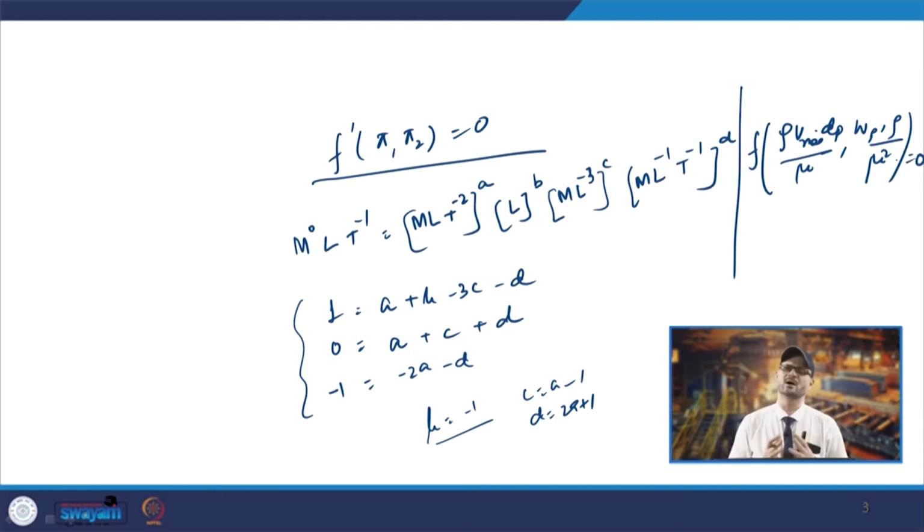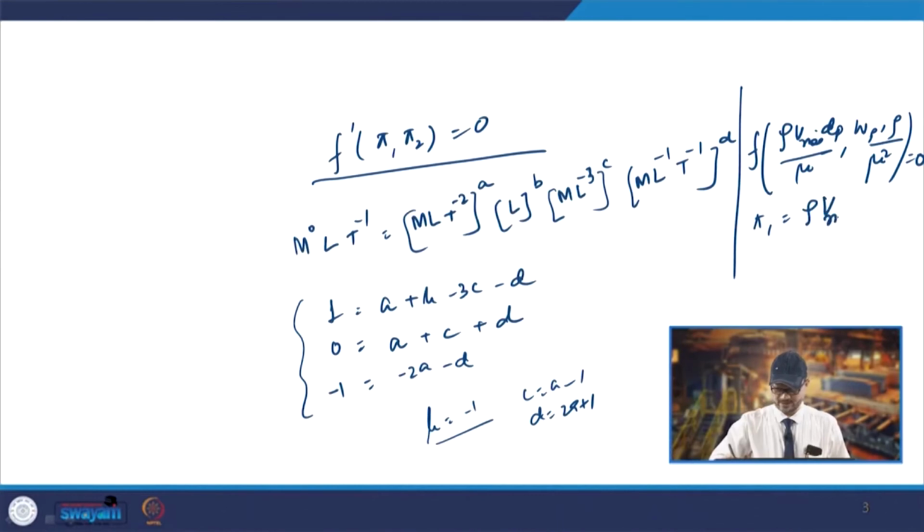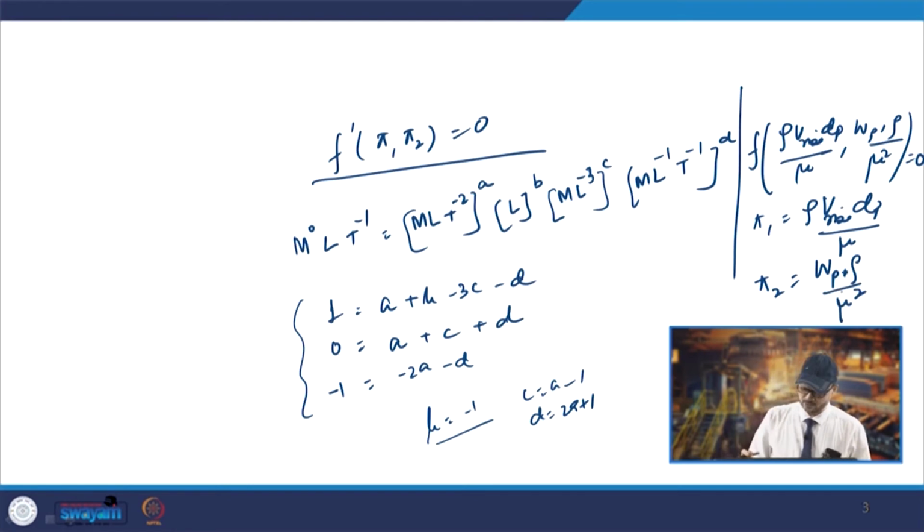So, basically you are in a position to devise 2 kinds of non-dimensional numbers, for these inclusions when you do the inclusion analysis. The 2 groups which you get are pi 1, rho v rise d p upon mu, and the other group pi 2, which is W p into rho divided by mu square.